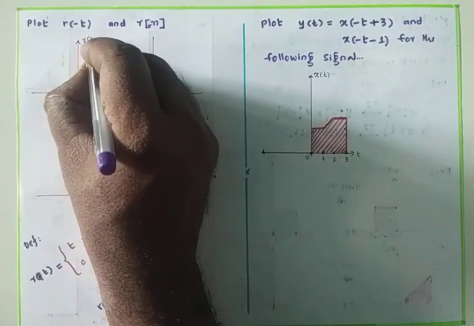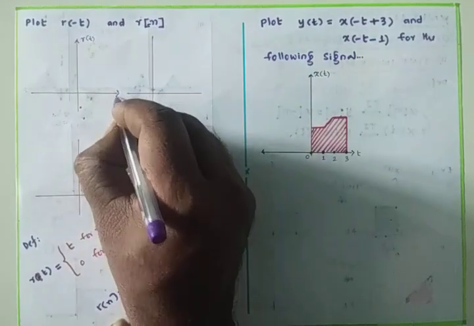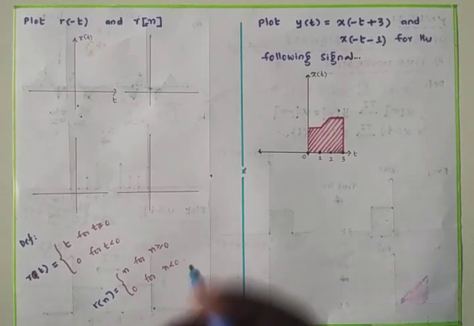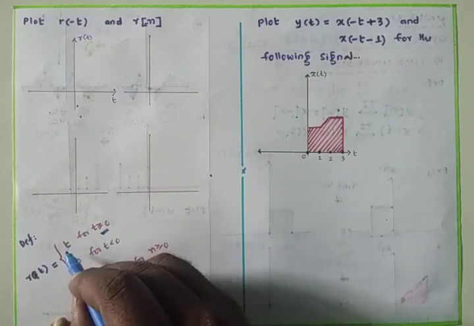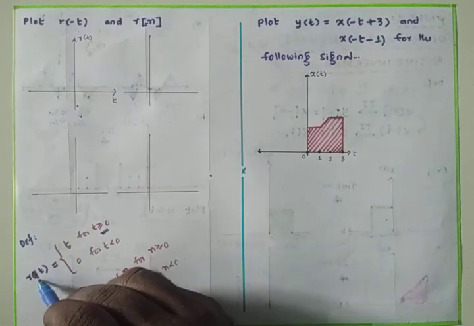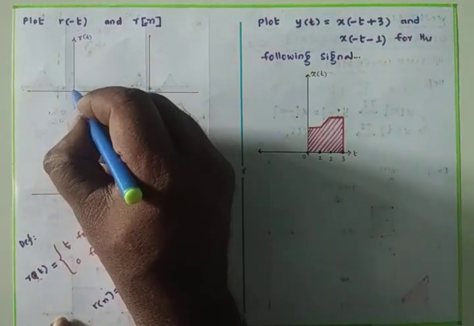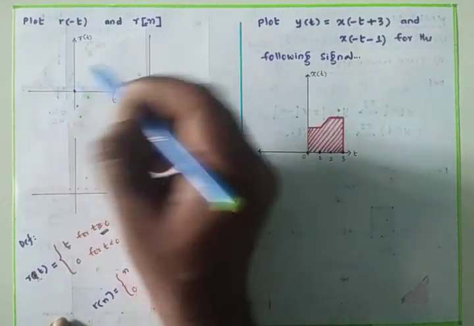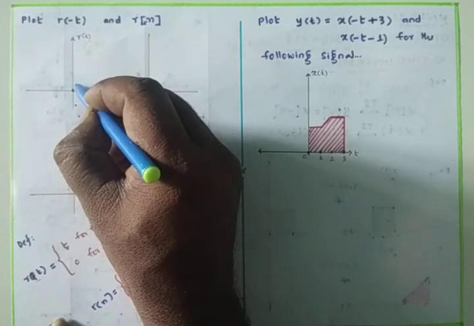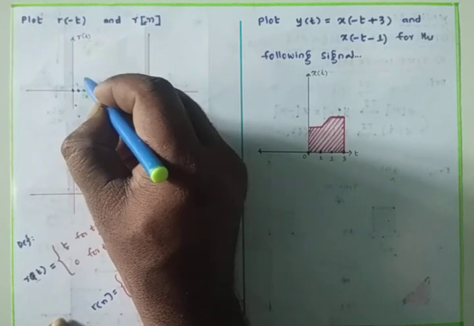This is r of t, and it is t. R of t is a continuous time ramp signal for all the positive values of t. For positive values of t, the amplitude of that signal is also t. So if t is equal to 0, amplitude is also 0. If t is equal to 1, amplitude is 1. T is equal to 2, amplitude 2.